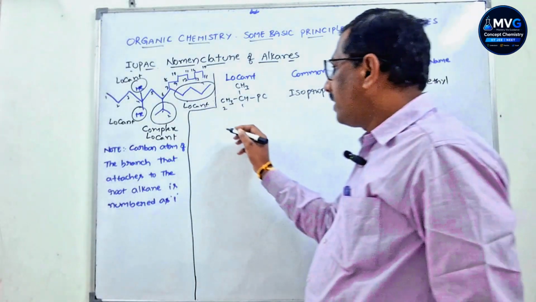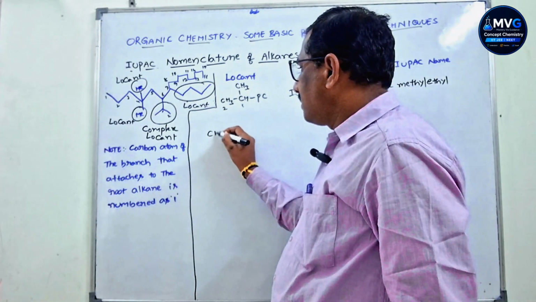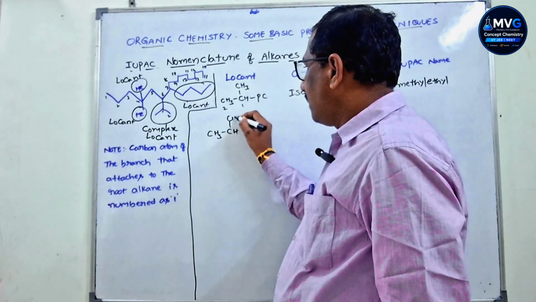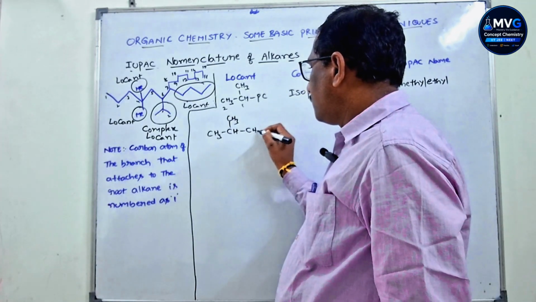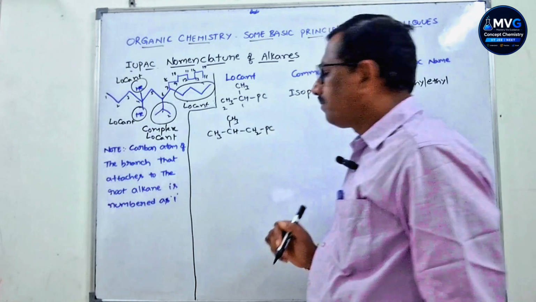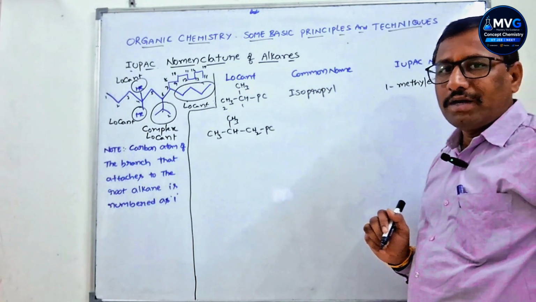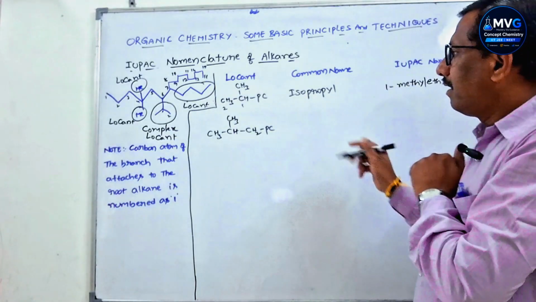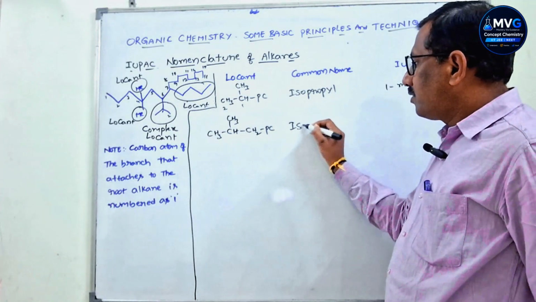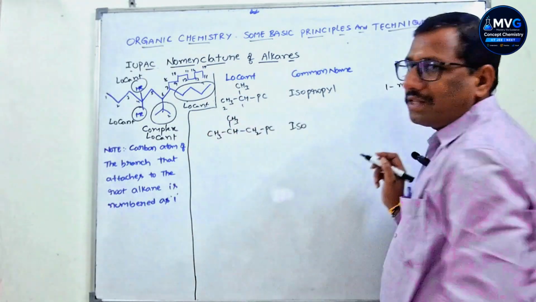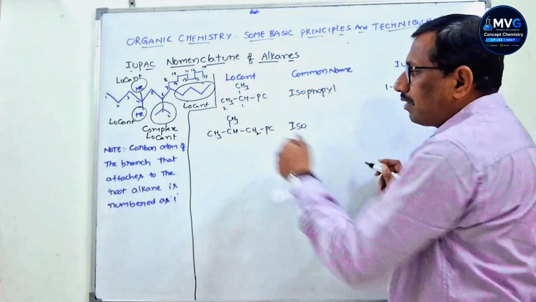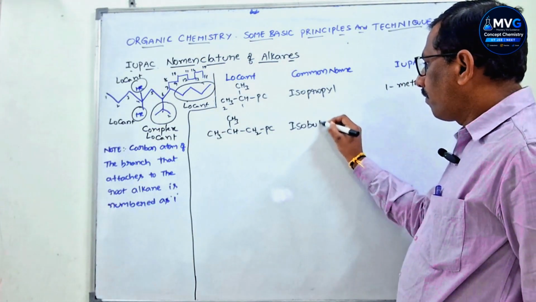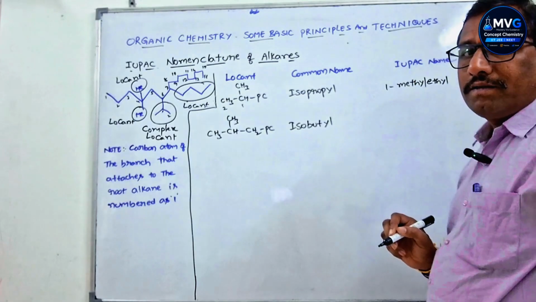Now the next one, suppose it is CH3, CH, CH2 attached to the PC. Understood now? Same as above, the terminal position has 2 methyl groups, so iso. How many carbons are there in total? 4 carbons, butyl, so isobutyl.